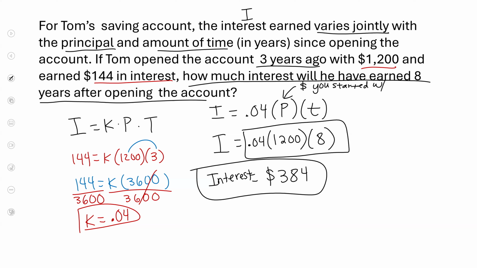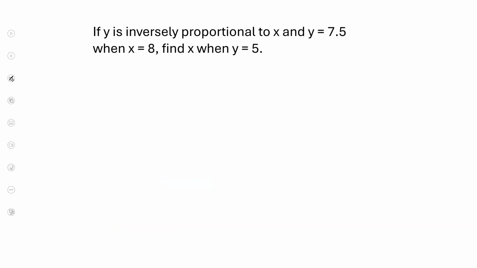So those were some examples for joint variation. Remember, joint variation is the K constant of variation times X times Z. Now let's move on to inverse variation. If Y is inversely proportional to X, that's the formula for inverse variation. So they said Y is 7.5 when X is 8.